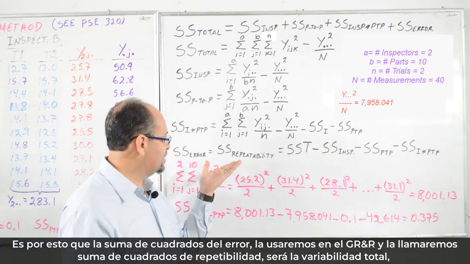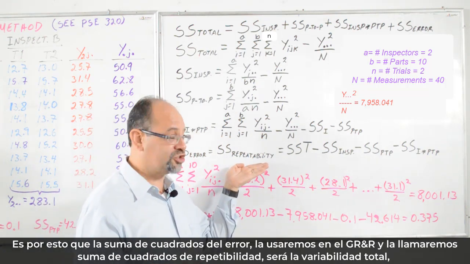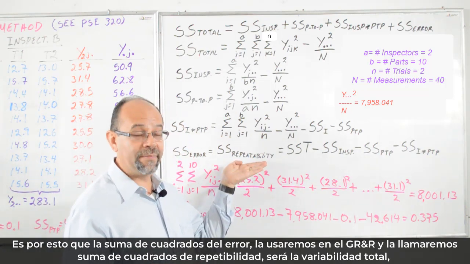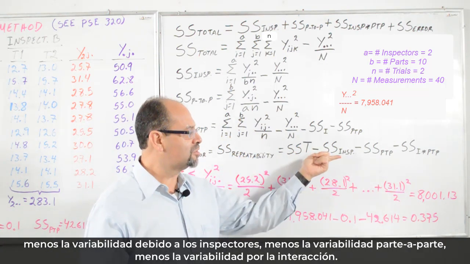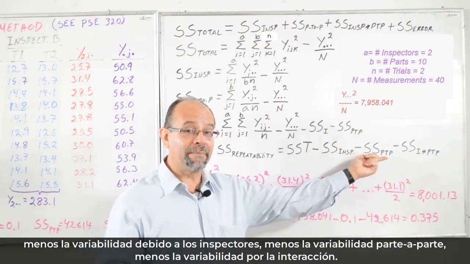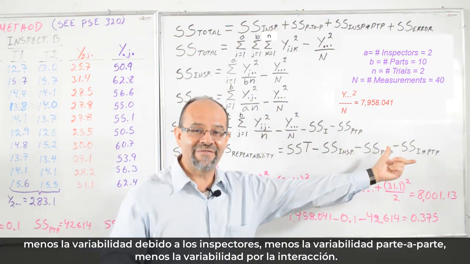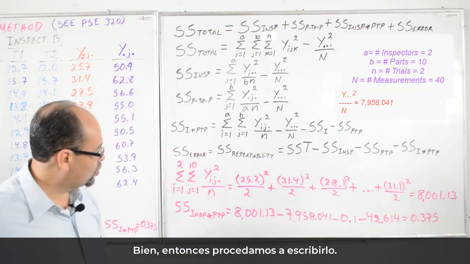That's why the sum of squares of the error, which also will be called for the GR&R sum of squares of repetibility, will be the total variability minus the variability because of the inspector, minus the variability part to part, minus the variability because of the interaction.